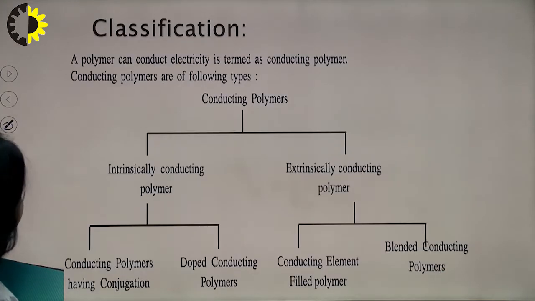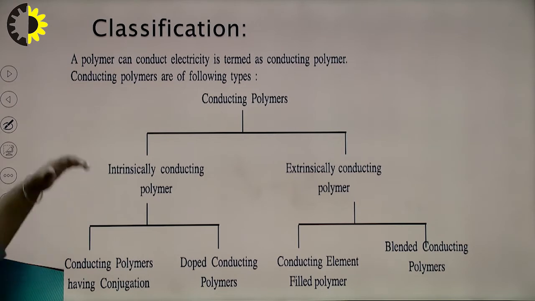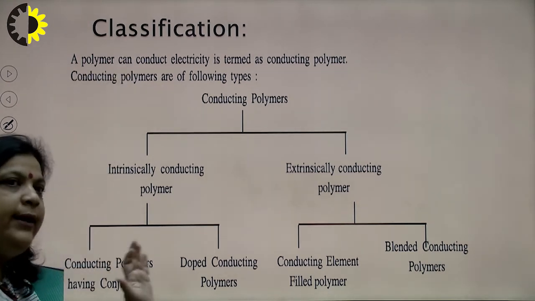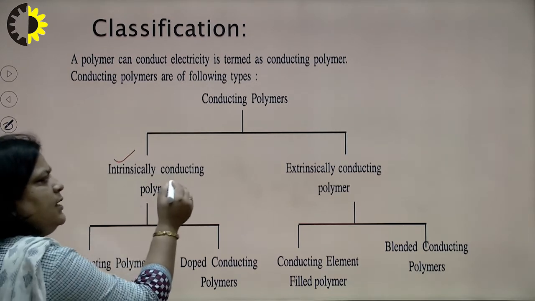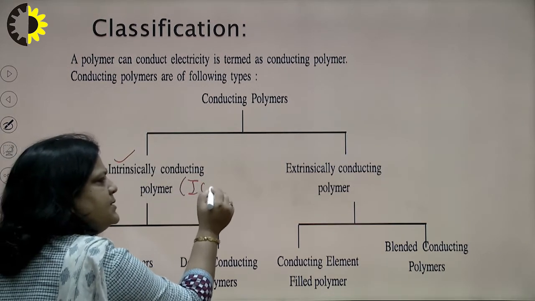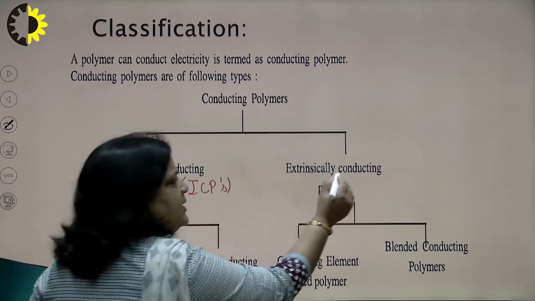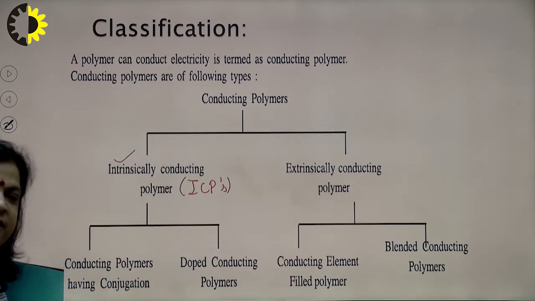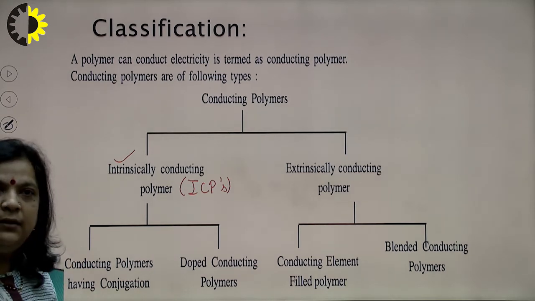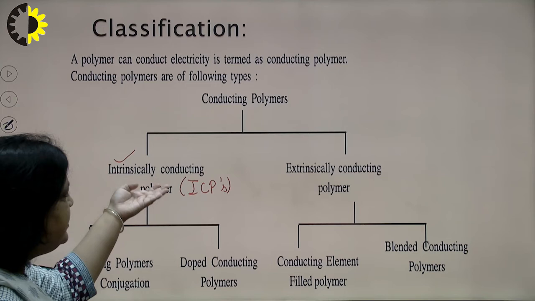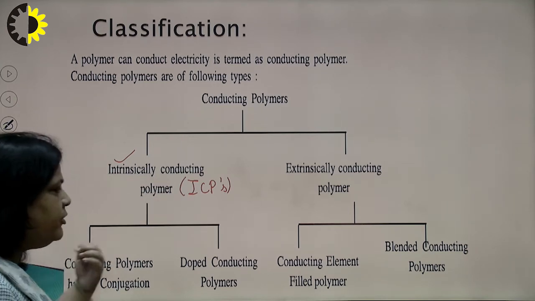When we explain this, the next point that comes is, what are the types of conducting polymer? Conducting polymers are classified in the following categories. They are either intrinsic conducting polymers, which are termed ICPs, or extrinsic conducting polymers. In extrinsic conducting polymer, some additional foreign substance is added. The intrinsic conducting polymer is again of two types.